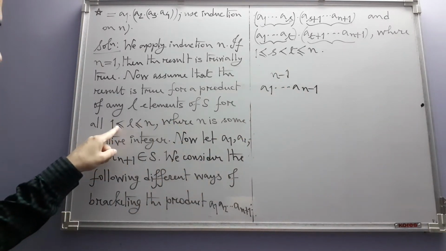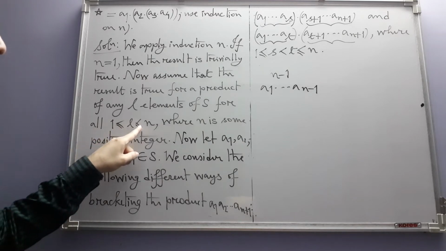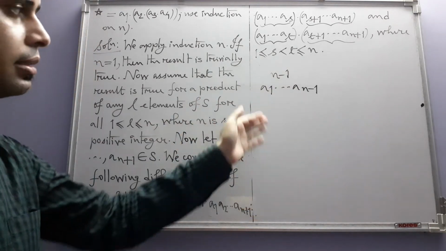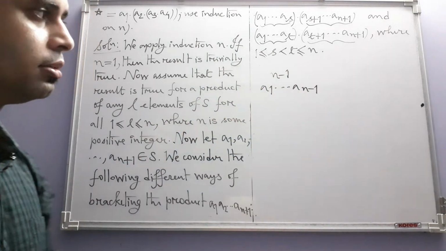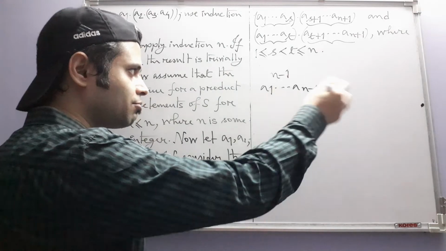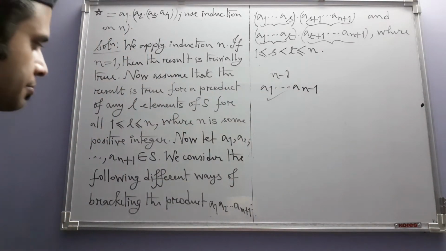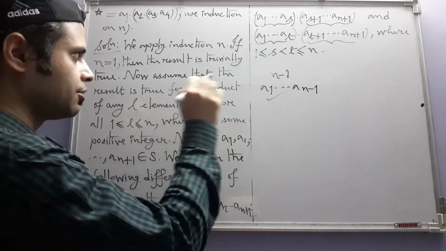You see, if you take a product of any L elements, no matter however you bracket it, you are going to get the same thing. So without writing any way of bracketing this product, this is well defined for L equal to n minus 1.